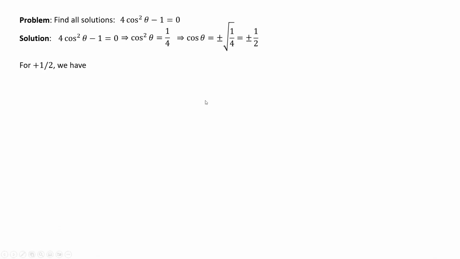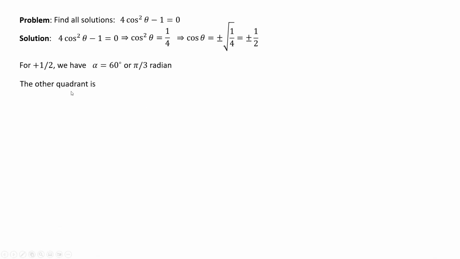So let's get busy. Let's do what we did before, and first pick cosine theta equals positive 1/2. So for positive 1/2, we have alpha to be, again, that concept of alpha. First quadrant, cosine of what angle in the first quadrant is equal to 1/2? The answer is 60 degrees or pi third radian. Good. Now, what did we do?